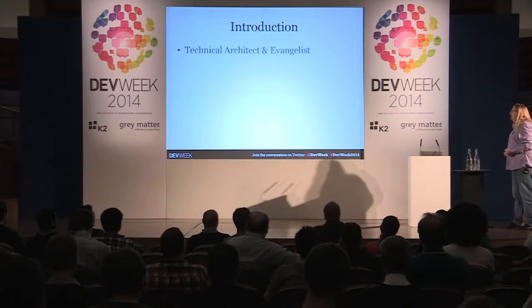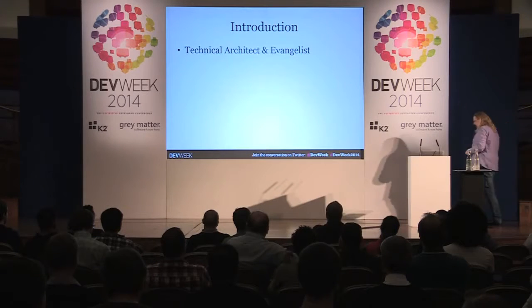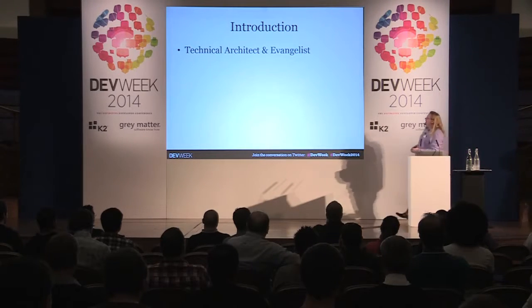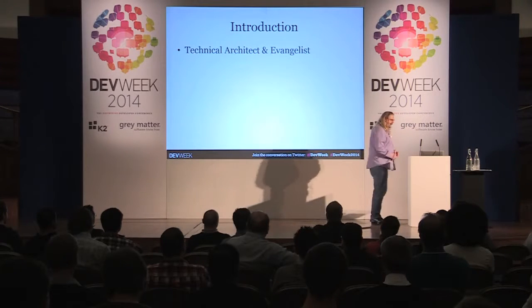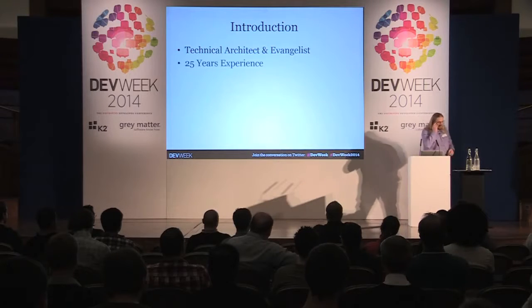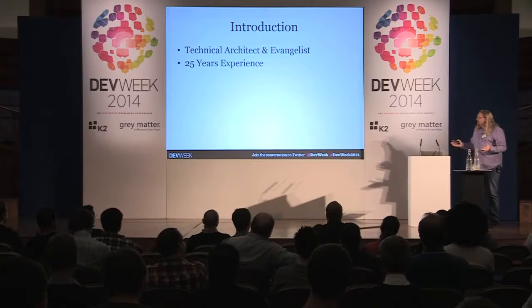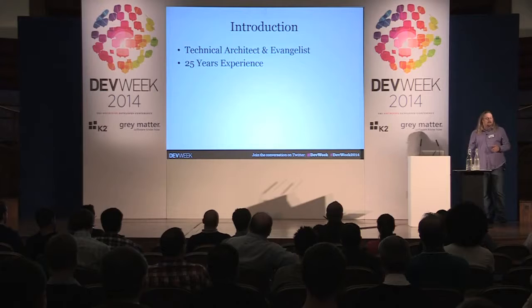First of all, a little bit about myself. I am commonly referred to as a technical architect and evangelist. In truth, I'm a code monkey, and I'm proud of it. I've been developing professionally for about 25 years plus.